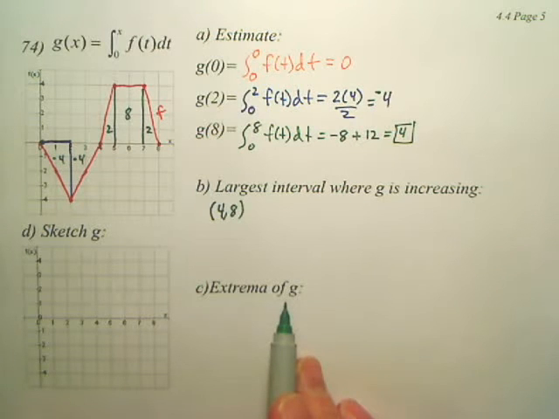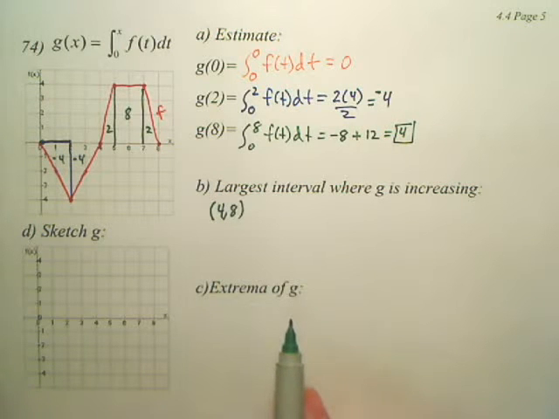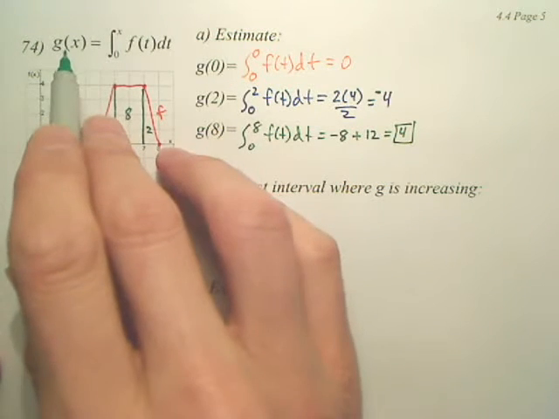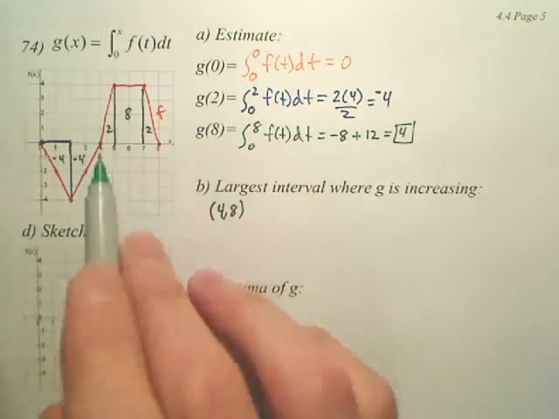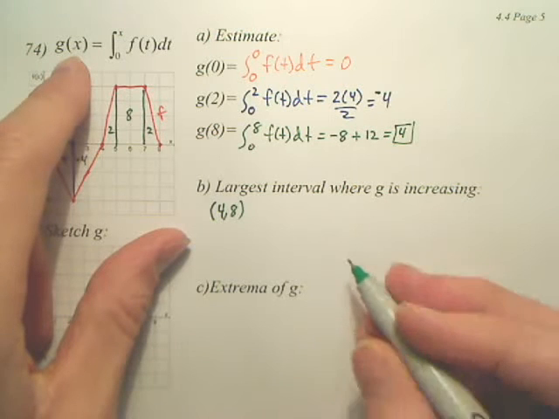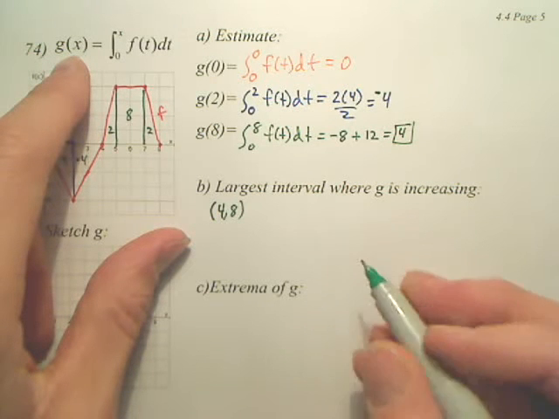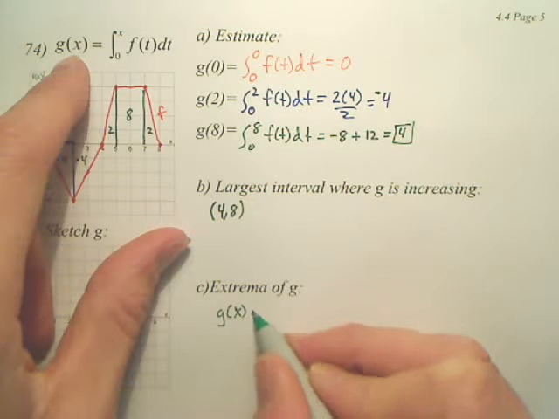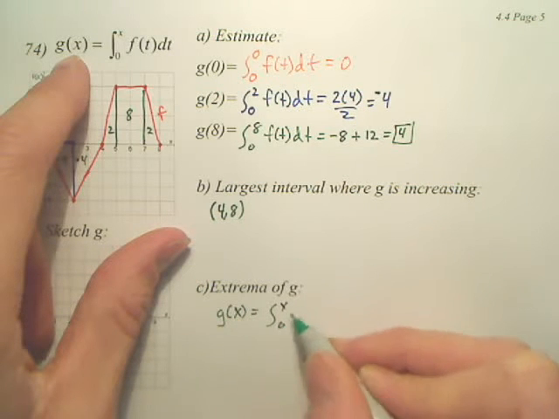Okay, the extremas of g. Well, if this was velocity, isn't g kind of like position? So, do you understand that g, let's write this equation. You have g of x is equal to integral.